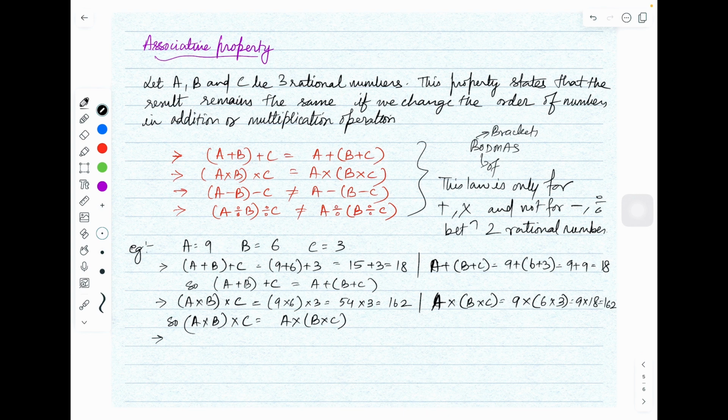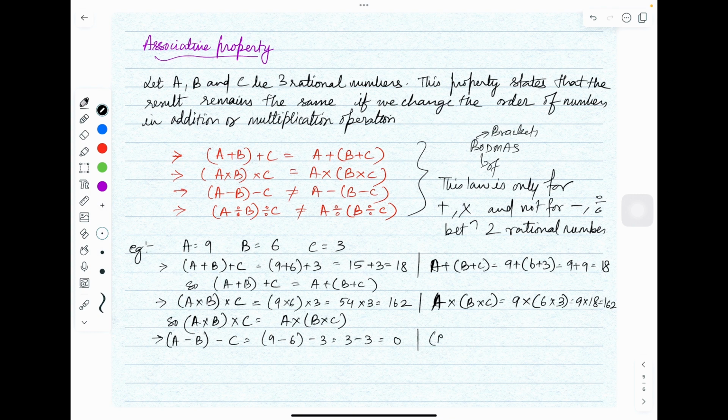Okay. Similarly, now subtraction. We know that for subtraction this property does not hold. We'll calculate. A is 9, b is 6, c is 3. Okay, 9 minus 6 is 3. 3 minus 3 is 0. Understood?